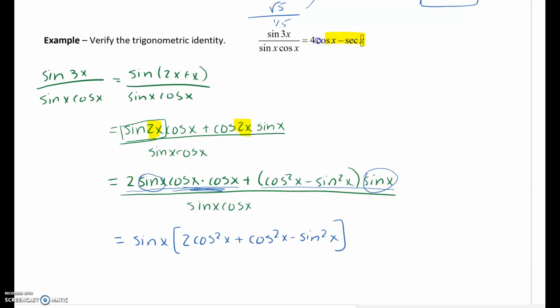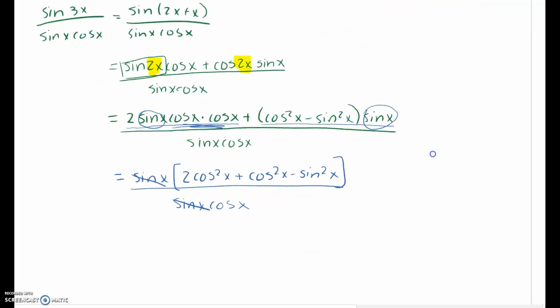So we're going to cheat. Let's look at what we're trying to equal. We don't have a cosine or a sine on the denominator. Actually, we're going to have a cosine on the denominator with that secant, but we don't want the sine in the denominator. So I factored it out, put it all over sine x cosine x. Now those are factors, they can cancel.